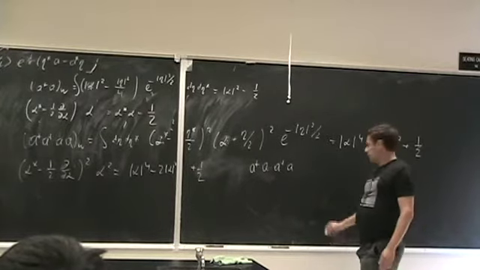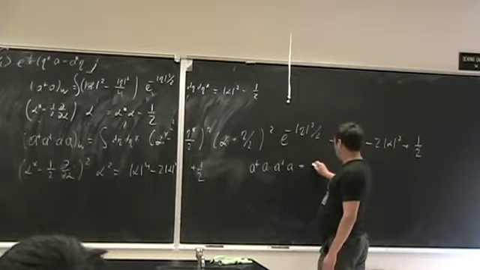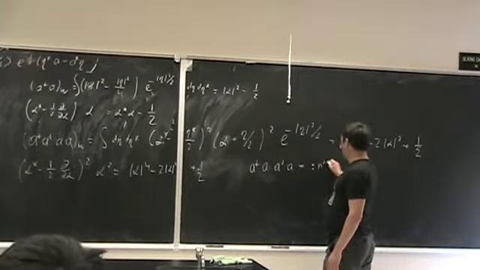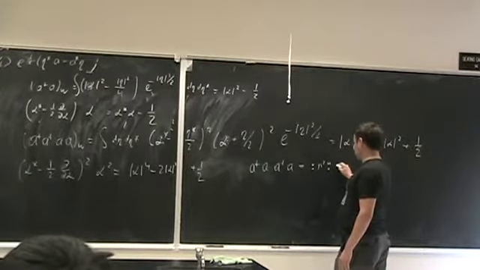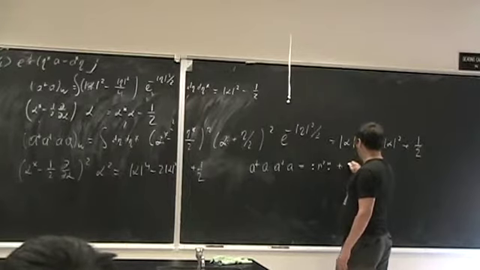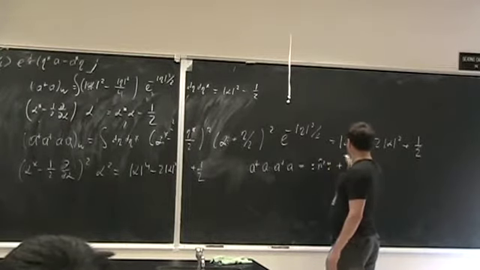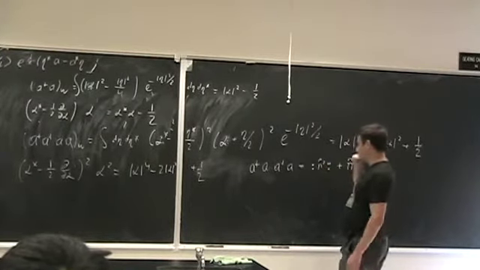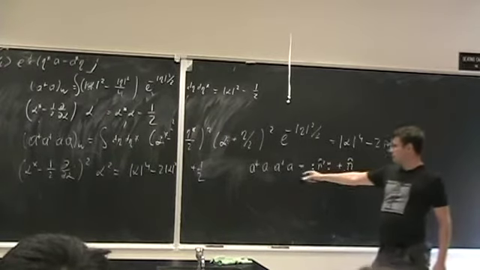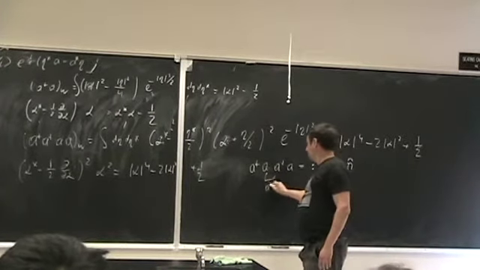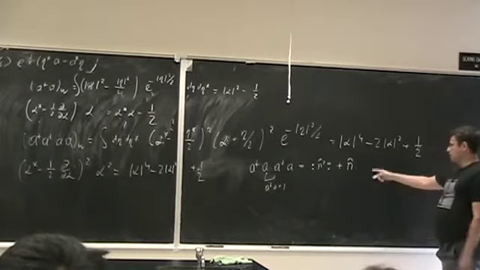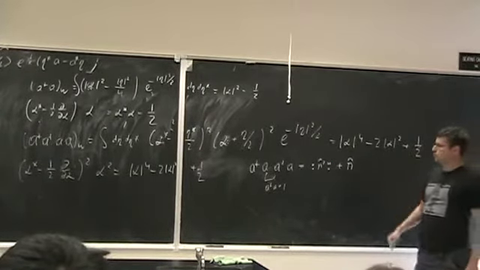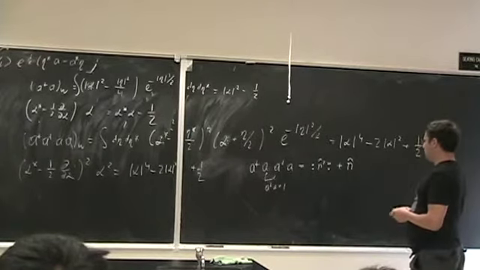This is just n squared. Of course I know this is the same as normal ordered n squared, then I have to be careful, plus n. Because this I can write as A dagger A plus 1. So in some sense I can immediately read the answer, and I actually want to do it because later I will use this result.